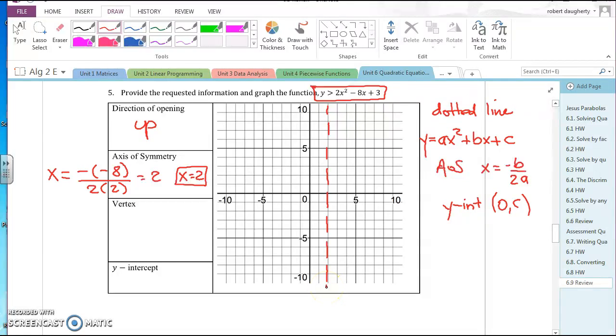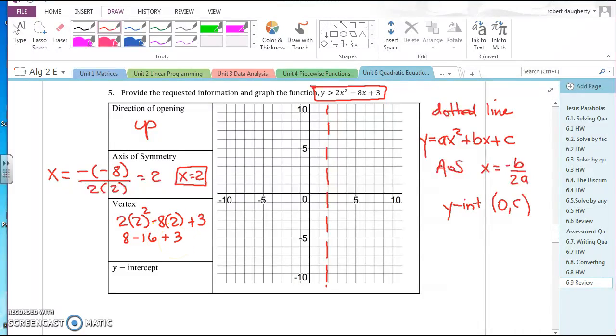The vertex. So the vertex is going to be the coordinate at x value of 2. So I just need to plug that into my equation. So we'll say at 2, I'm going to have 2 times 2 squared minus 8 times 2 plus 3. So that's going to be 8 minus 16 plus 3.